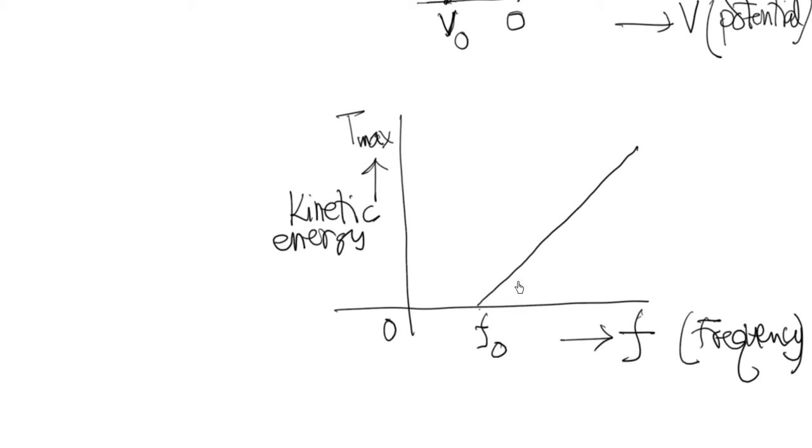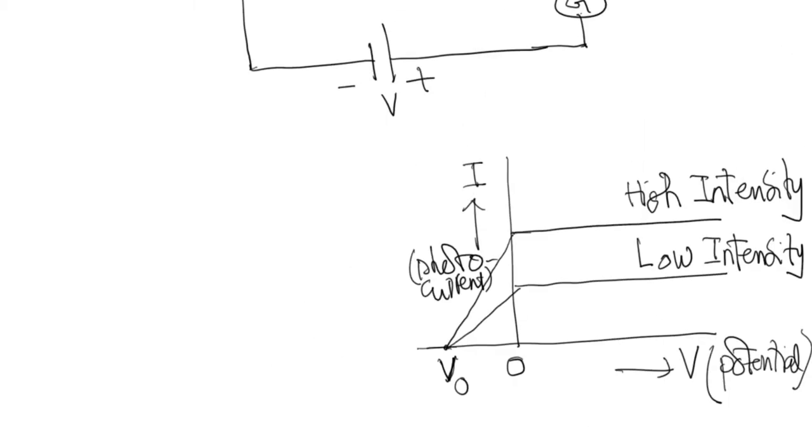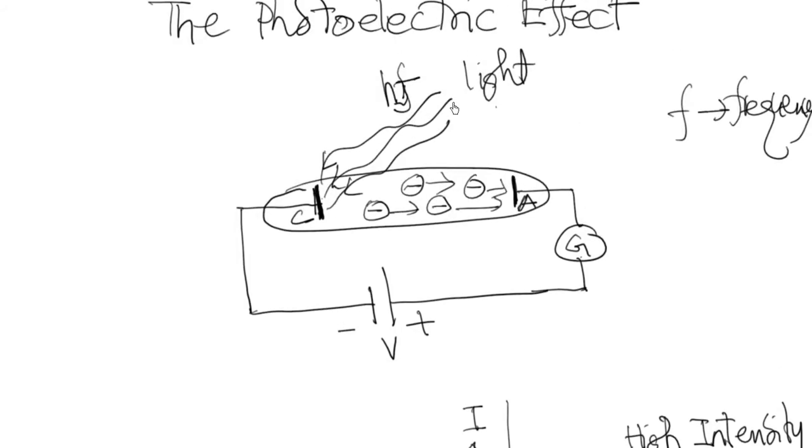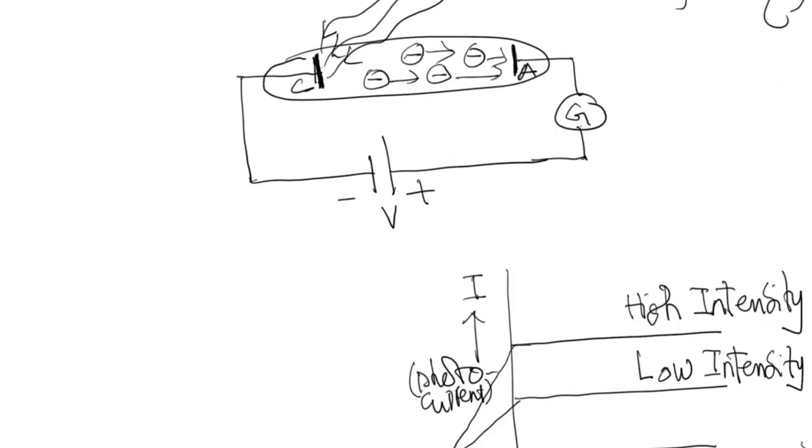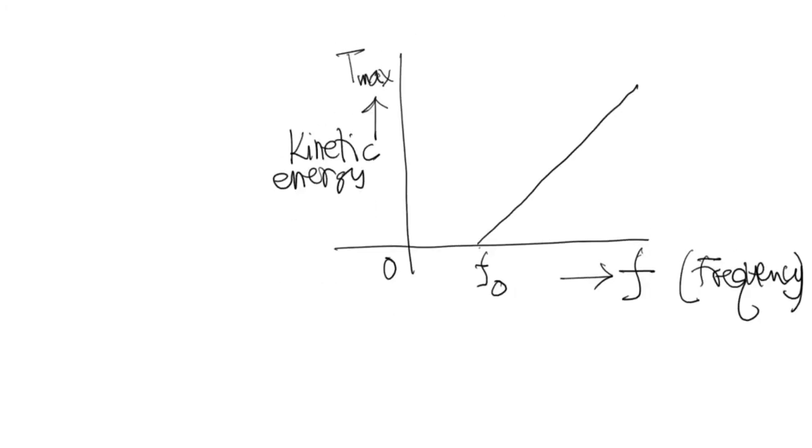This photoelectric effect is a completely quantum effect. One observation is that when light falls on this metal surface, there should be a minimum frequency for each type of metal.